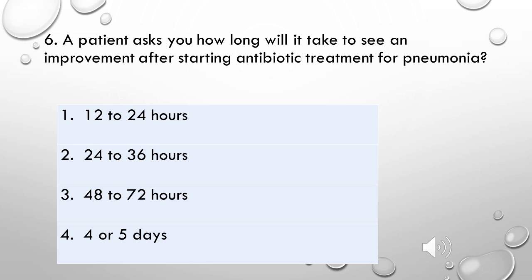But if all practitioners routinely overprescribe them, then resistance will soon develop. Therefore, the prudent practice is to start with the recommendation and save the broad spectrum antibiotics for true cases of resistance.